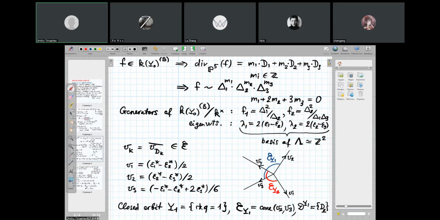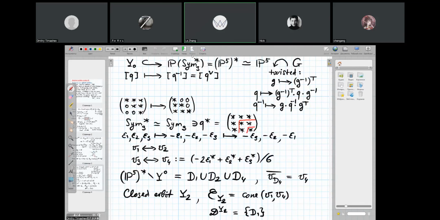I think the sum of v4 and v3 is 0, if you write that. No, it's not true. Just look at these vectors. It is not true that their sum is 0. Then how can we write v4 to be epsilon 1 star?